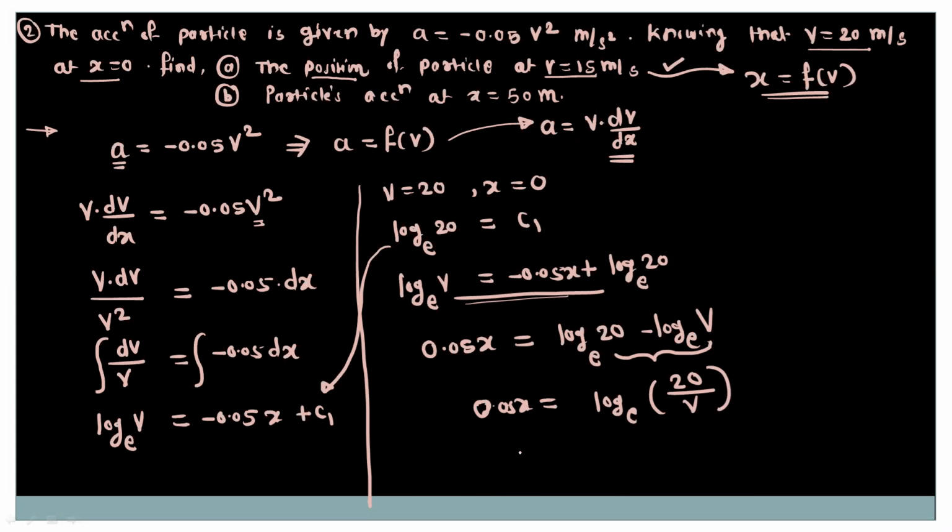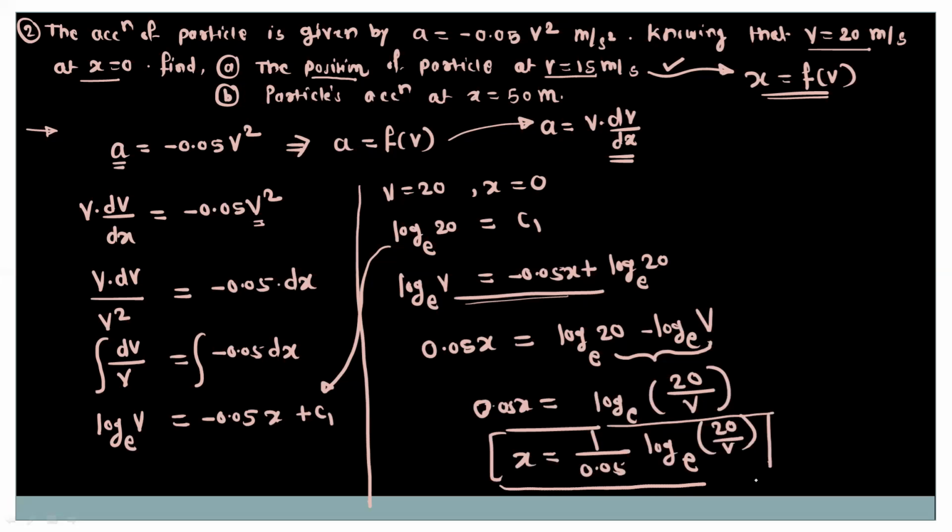And x is equal to 1 upon 0.05 log 20 by v to the base e. So this is our final equation for the position as a function of velocity. This equation is a function of velocity, because on the right hand side, the variable term is the velocity.